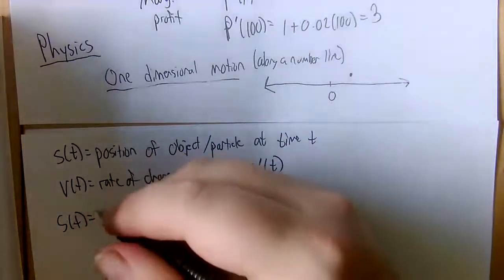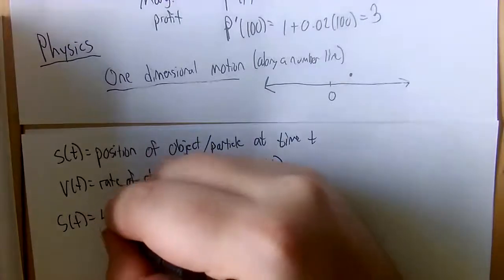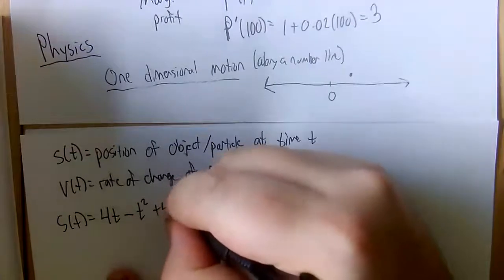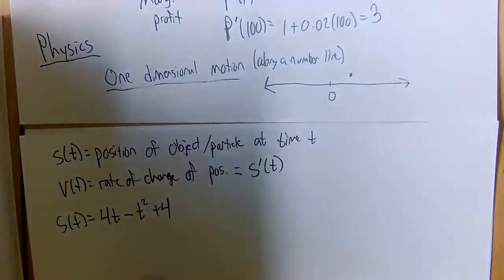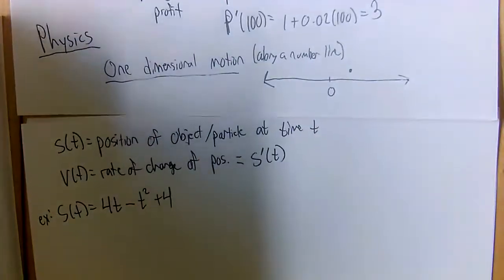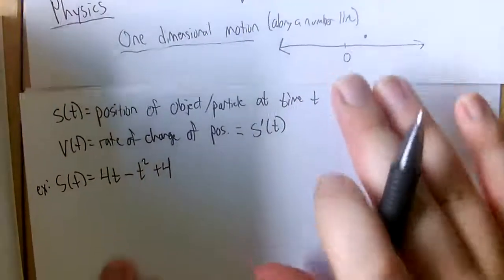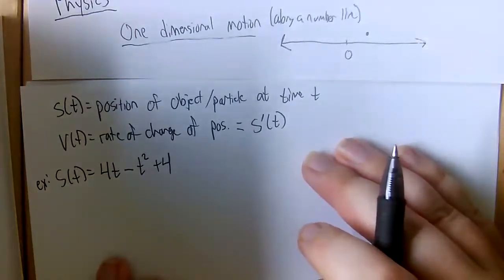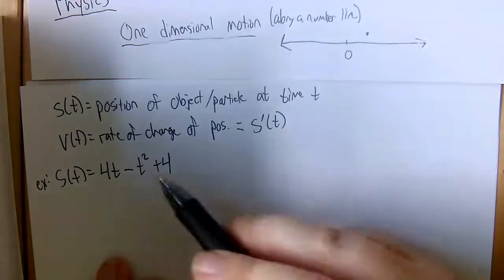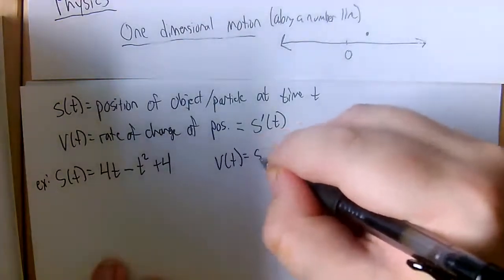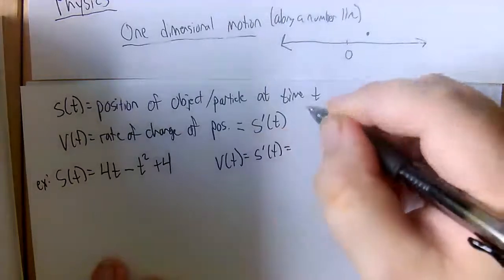Okay, so let's take a look at an example here. So let's say I have a position function that looks like this: 4t minus t squared plus 4. This is my position function. And I want to know how fast and also in what direction this particle is moving at any given time. So that means I need to find my velocity function. My velocity function is none other than the derivative of the position.